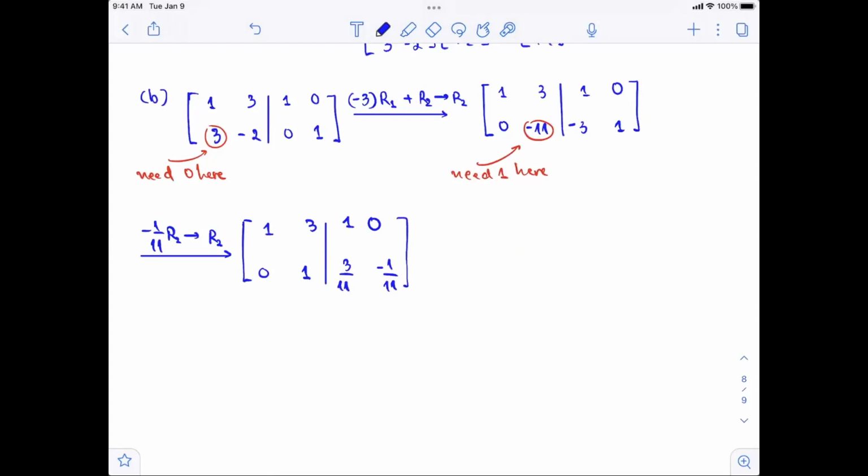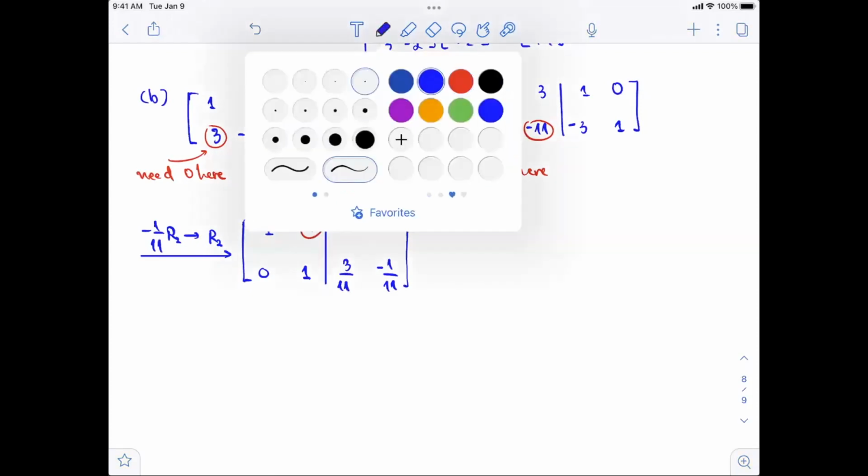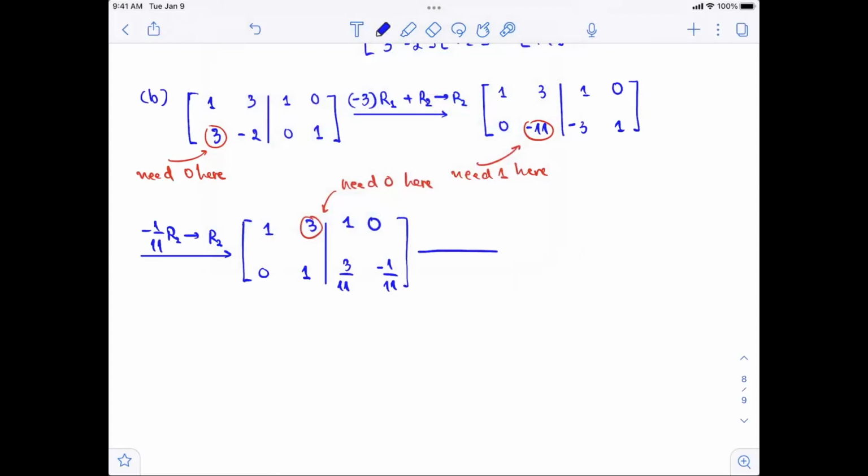Okay. So to obtain the 0 entry above the leading one, we need a 0 here. Right. So to obtain the 0 entry there, you take negative 3 multiplied with R2 plus R1 to create a new R1.